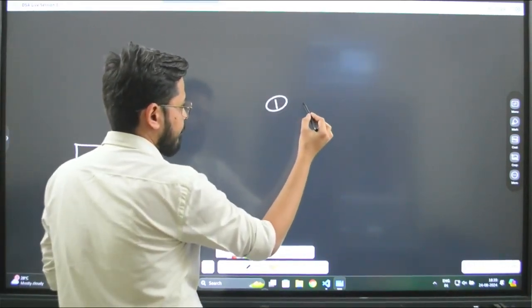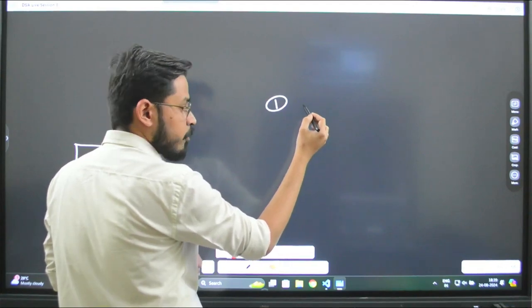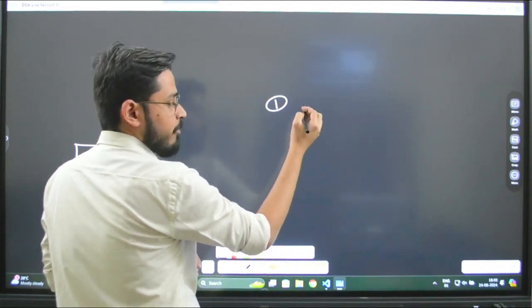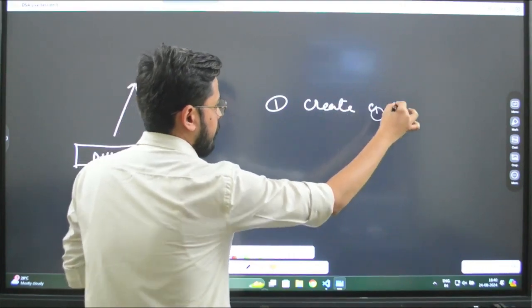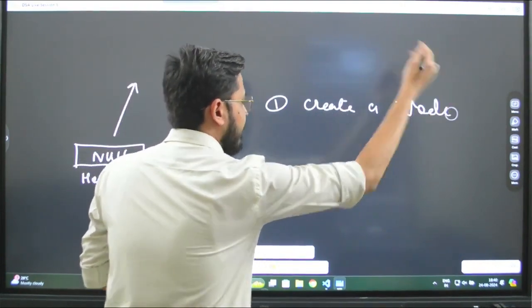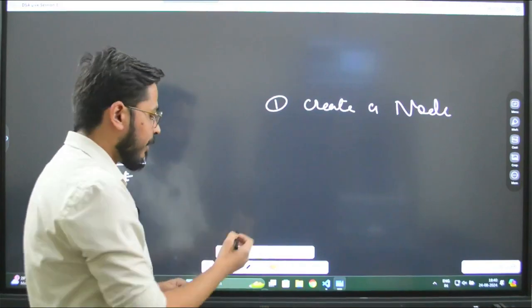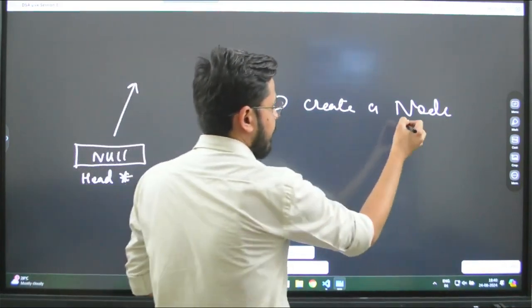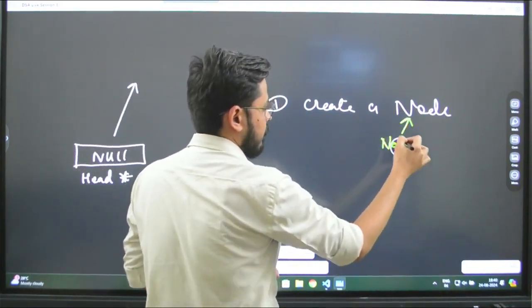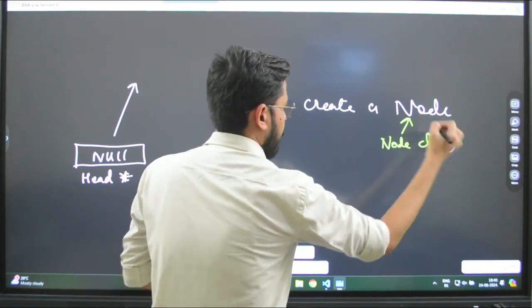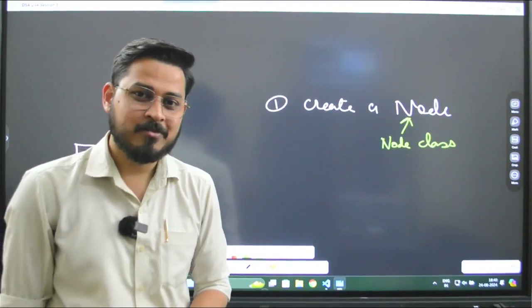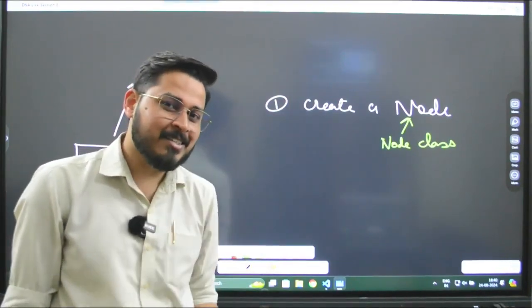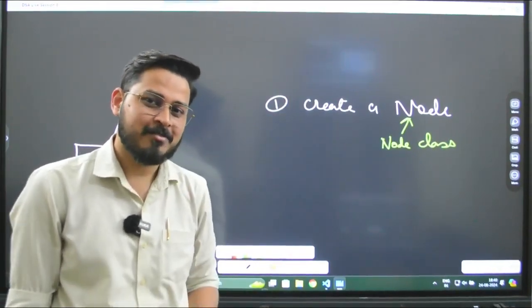My first step would be to create a node. How to create the node? For that we have the node class. Just now we have written that node class, you remember? We can just instantiate that class and we have a physical node. Done.